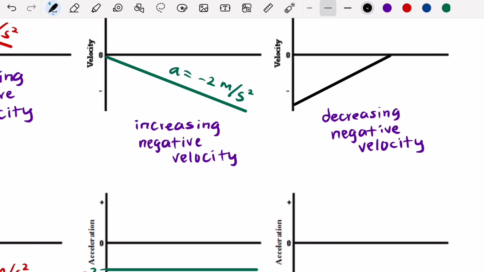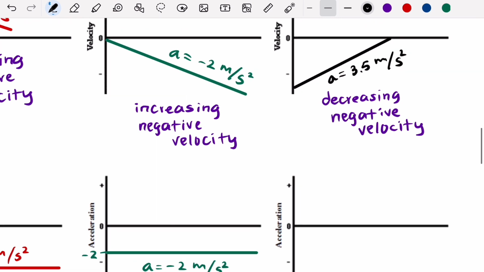Now let's say this is an acceleration. That means the slope is, let's say, 3.5 meters per second squared. Give it a try. Hopefully you saw that because the slope is positive, your graph should be positive at a point where acceleration is 3.5 meters per second squared.